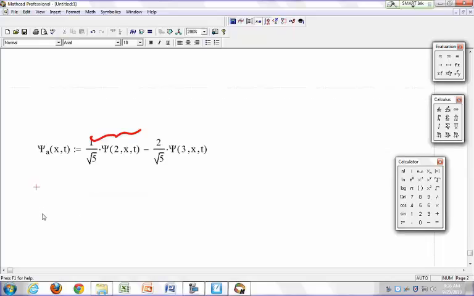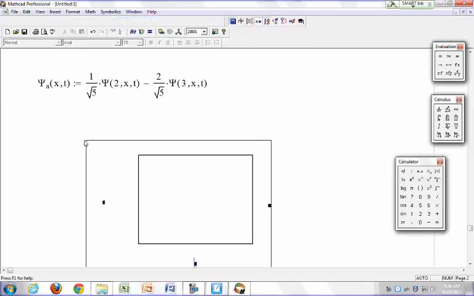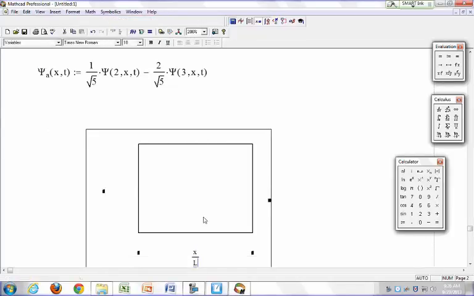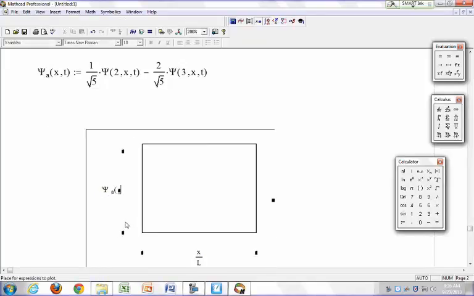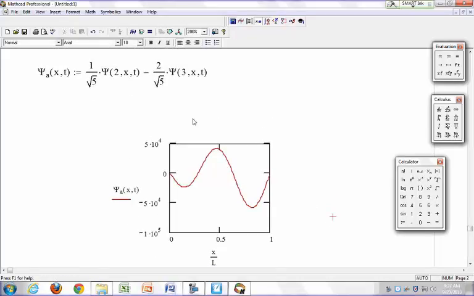Okay, what will that look like? Insert graph, xy plot. Okay, so I'm going to plot versus x over L. And I'm going to plot psi, this the actual psi sub A as a function of x and time. And that's what that plot looks like, okay, at time 0.